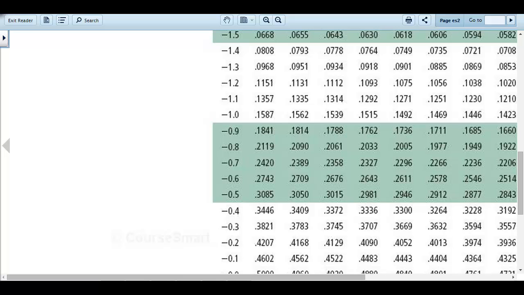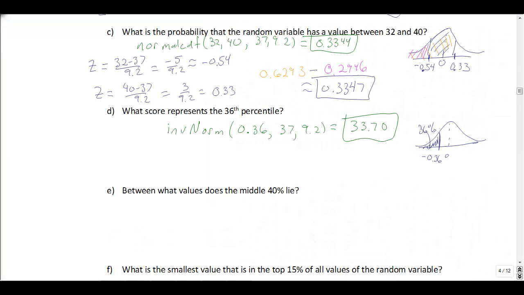If we had, say, 0.2, 20% to the left, we'd get negative 0.84. So this being 0.36 and 36% is just happenstance.